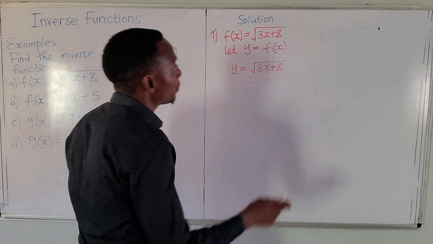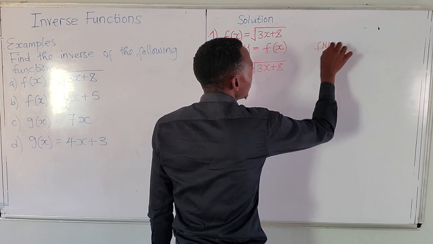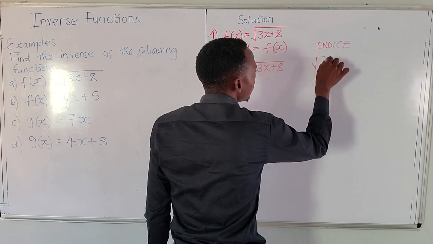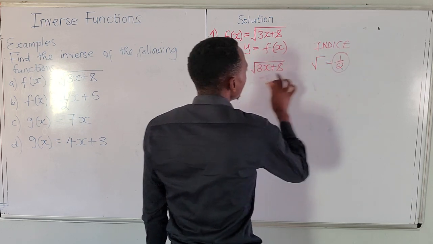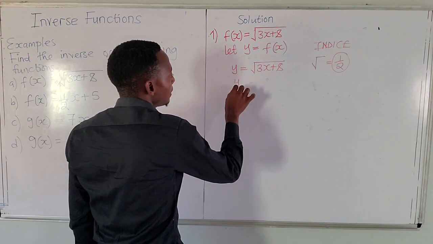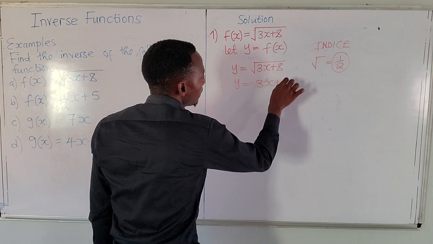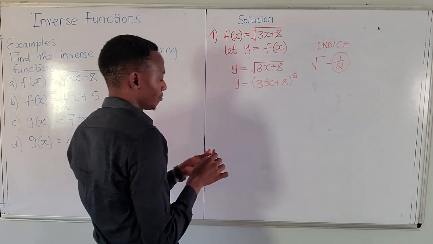Just a reminder, when you look at indices, this root, the square root, is as good as 1 over 2. So this is as good as, let me write it like this, 3x plus 8 to the power 1 over 2.